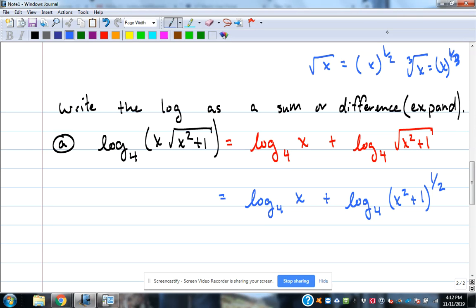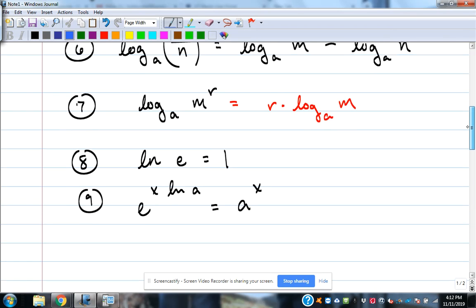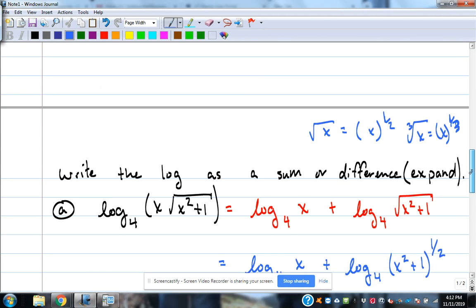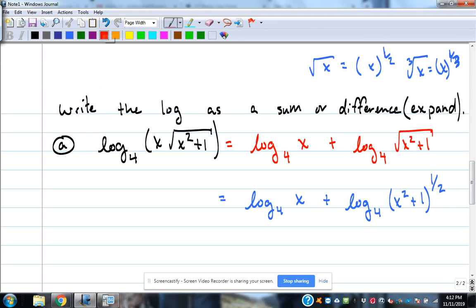Now that opens up using the exponent property, which is number 7 there. If it's got an exponent up there, I can pull it down to the front, and that'll give us log base 4 of x plus 1/2 log base 4 of x squared plus 1.